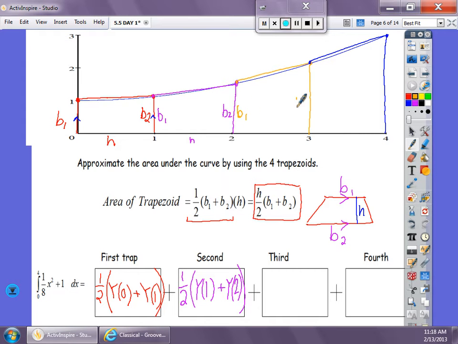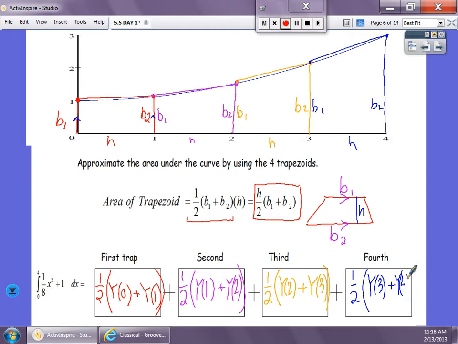Base 1 being y of 2, and y of 3 being the second base. And then the very last one in blue: 1/2 with my height, y of 3 plus y of 4. See if I can get that 4 in there. There we go. So there they all are.